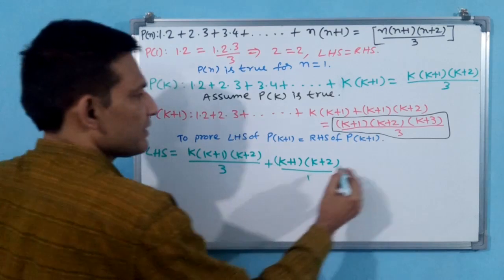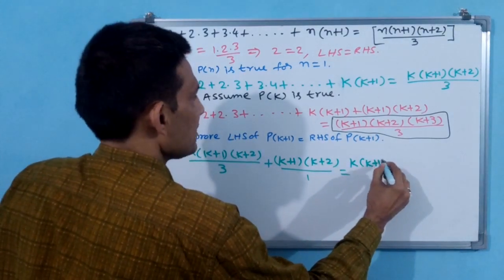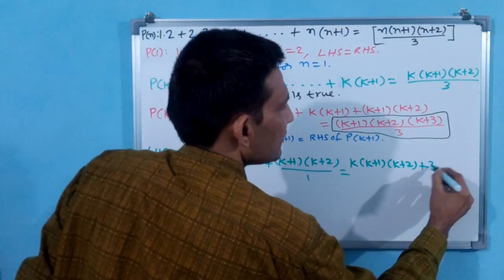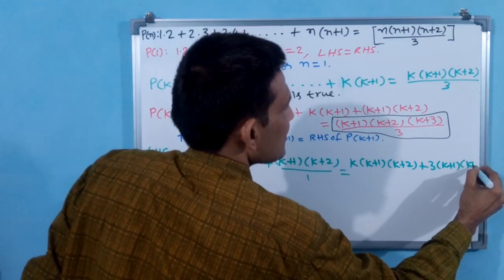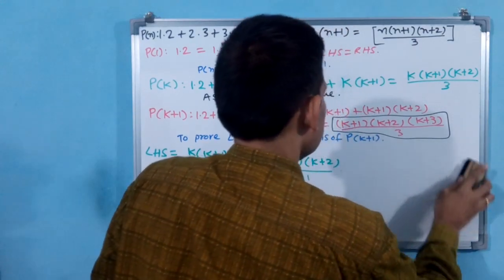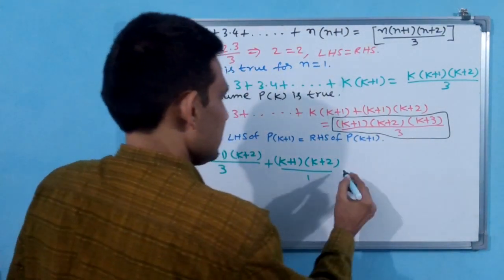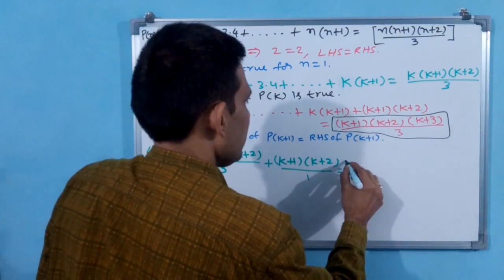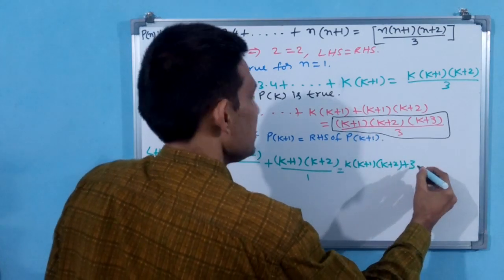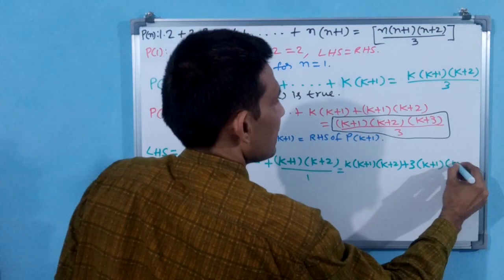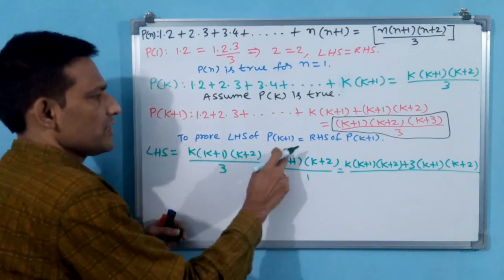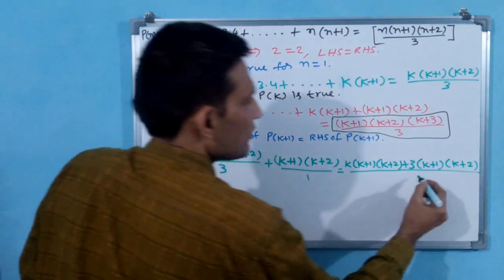This is 1, so the same thing will come: k into (k plus 1) into (k plus 2) plus 3 into (k plus 1) into (k plus 2), whole divided by 3 into 1, which is 3.